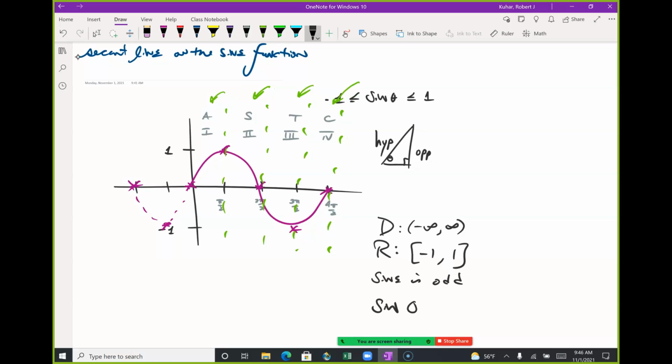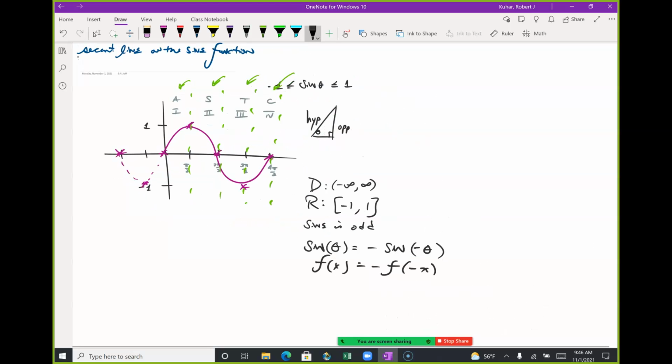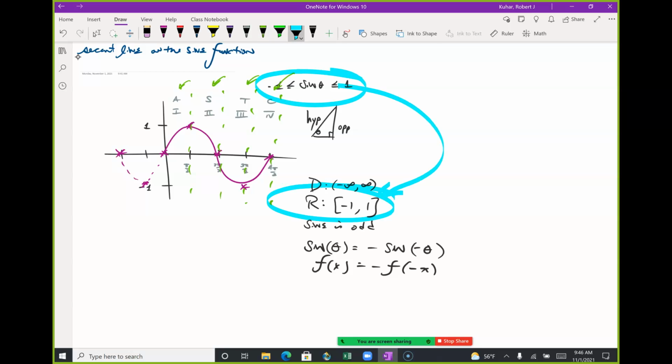So sine of theta equals negative sine of negative theta. That's what it means to be odd. f of x is equal to the opposite of f of negative x. That's my definition of odd from test 1. So back to your question about this inequality, which came from my range, which is clear on the curve.